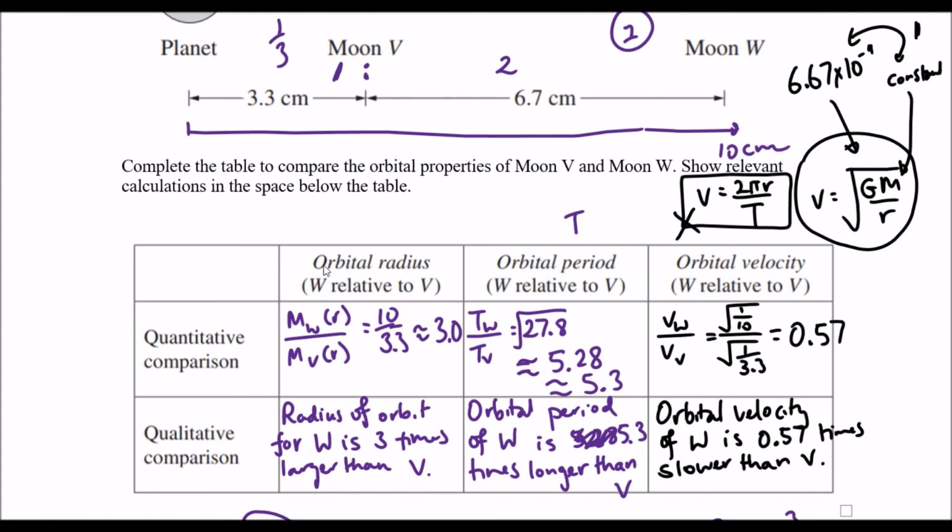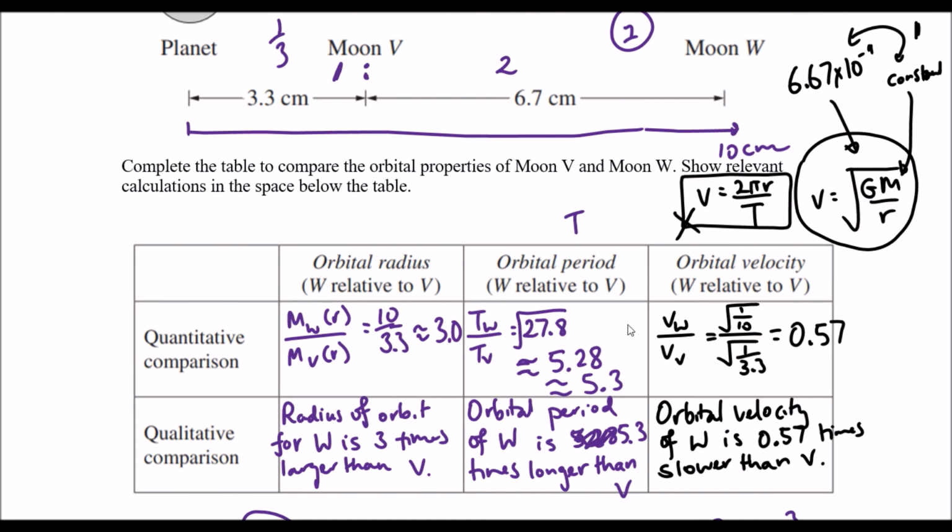In terms of orbital radius, W is 3 times larger than V. In terms of the orbital period, W is 5.3 times longer than V. And in terms of the orbital velocity, it is 0.7 times slower than V. Or so to speak, it's 0.7 the speed of V. Okay?